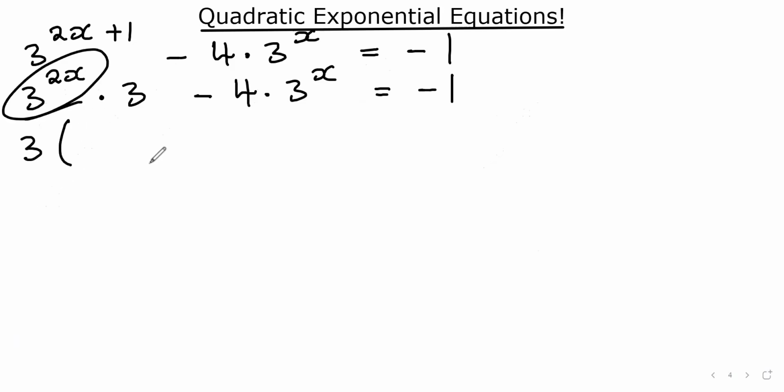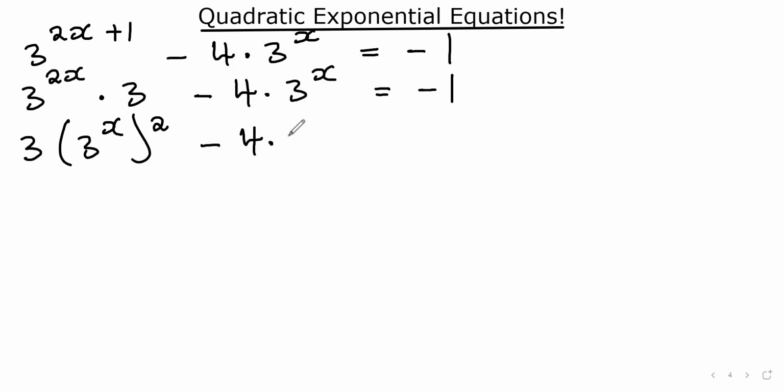And 3 to the power 2x is exactly the same as having 3 to the x, which is all squared. And I still have this thing. But then I'm just going to take this one to the left-hand side, and it becomes positive like that.